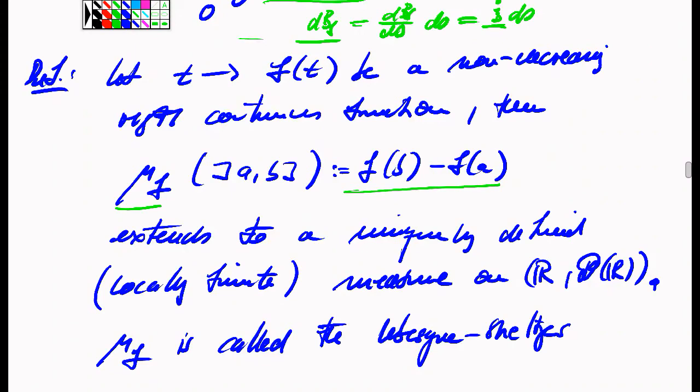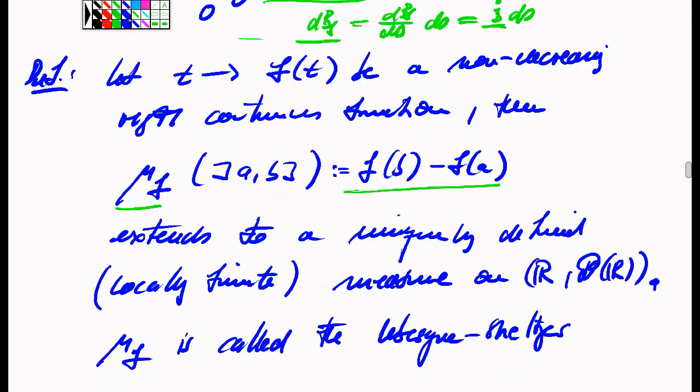And the distribution function of a given measure on the real line is a right continuous non-decreasing function. So in essence, we have a one-to-one correspondence between right continuous non-decreasing functions on the real line and measures on the corresponding Borel sigma field on the Euclidean line.